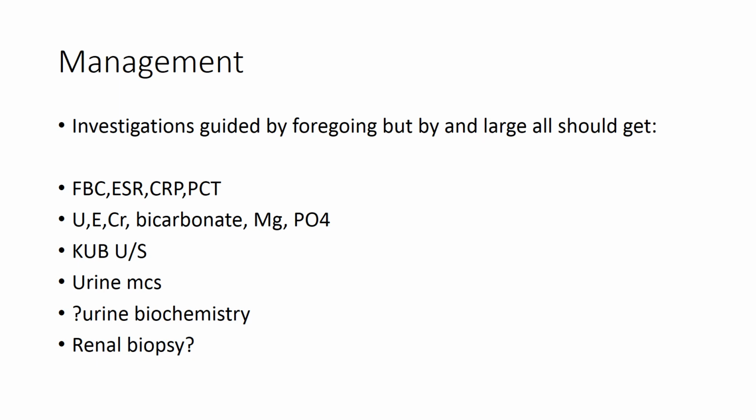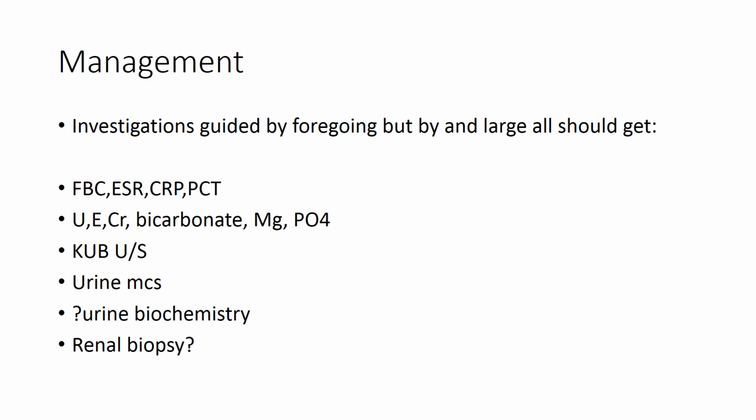And then we'll obviously send out the urine for microscopy. We're interested in looking for any casts in the urine, which would be suggestive of, for example, glomerulonephritis. And then, depending on the presenting symptoms, you may also want to ask for a renal biopsy as soon as your patient is stable.